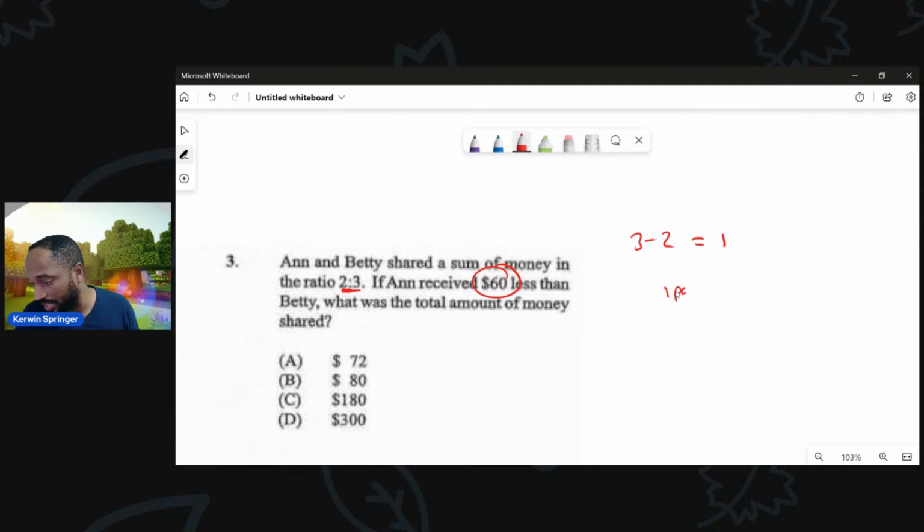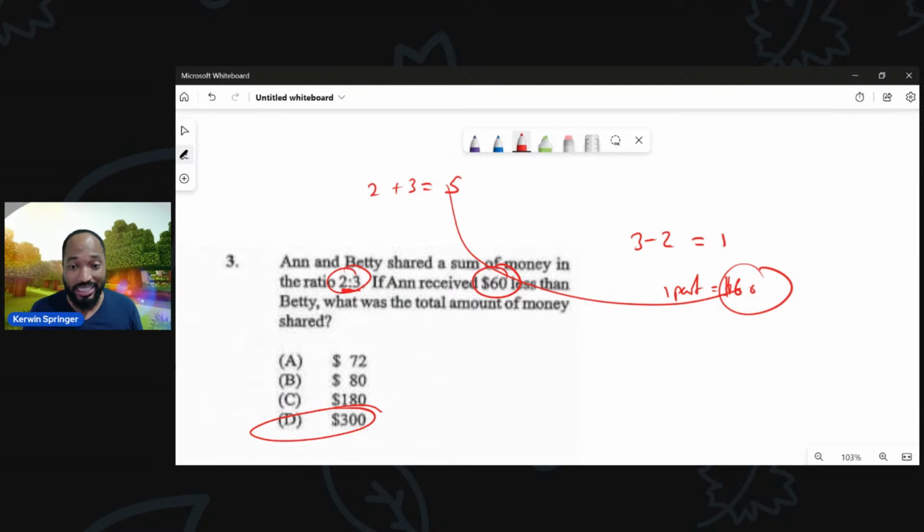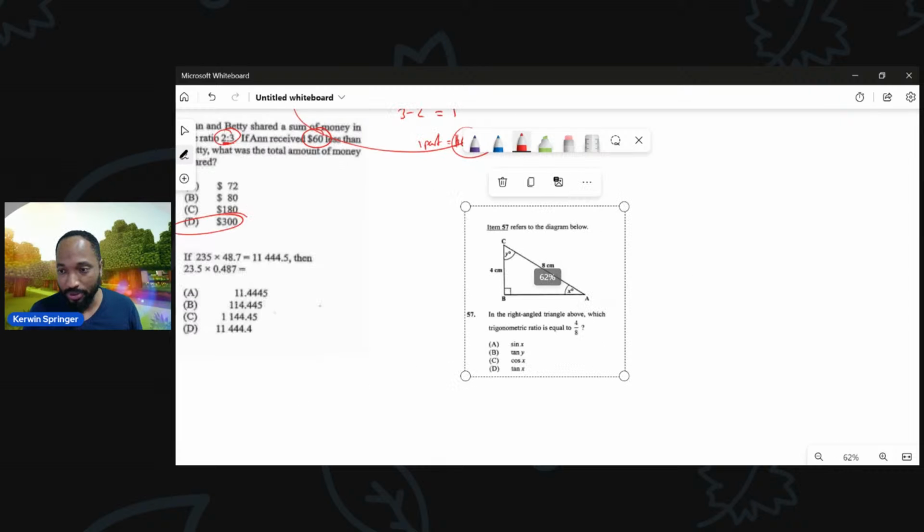So 1 part is representing that $60. What's the total amount of money shared? If 1 part is $60, how many parts do you have? You have 2 plus 3 parts, so you get 5 parts. 5 times 60 is $300. Let's keep it pumping.